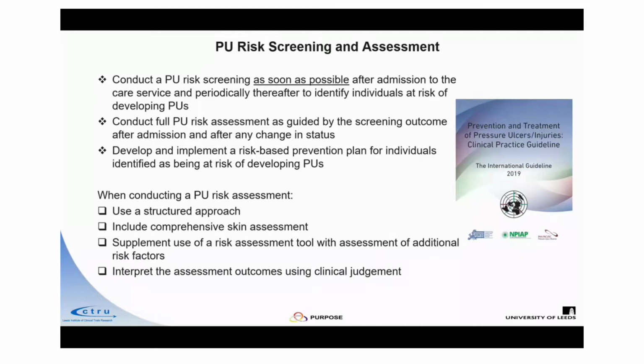So a few years ago, actually in about 2009, Jane Nixon, who was the chief investigator of the Purpose programme of research, which was a £2.2 million piece of research, got the money together really from the NIHR for us to be able to undertake this research and to develop a new risk assessment tool, because we felt that the ones that were already in existence, the evidence base underpinning them was not great, but they were a good starting point, but actually we felt that we could use the evidence that had been developed to develop a more robust tool.